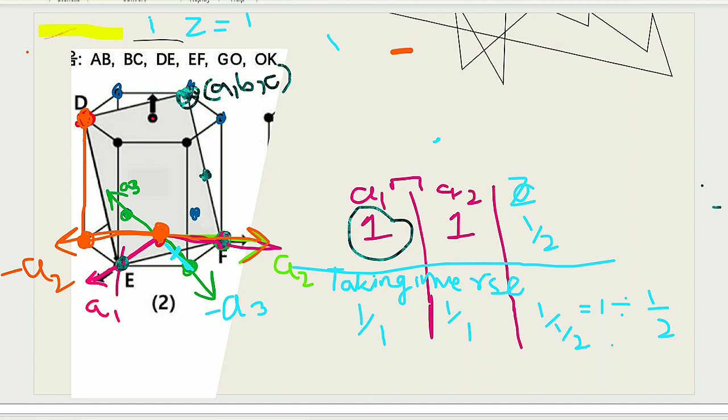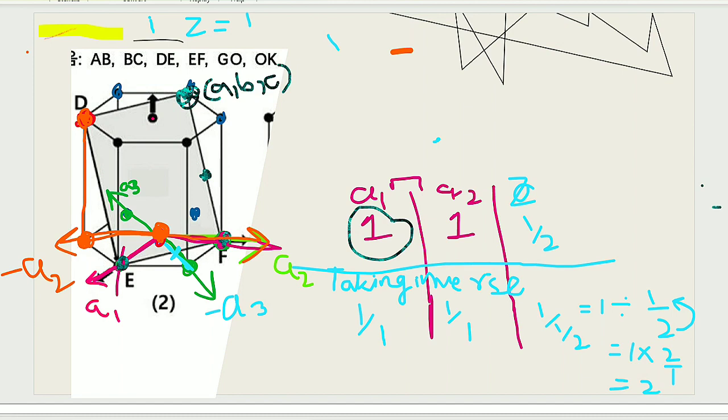And you all know that when the division sign is changed to multiplication, the denominator goes into the numerator and the numerator goes into the denominator, so you will get 2 divided by 1. So 1 multiplied by 2 is what we got as a result, so 2.